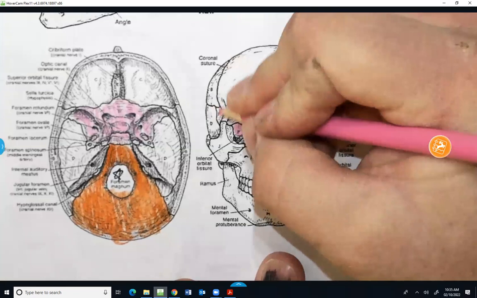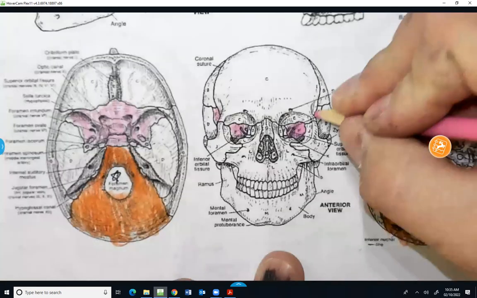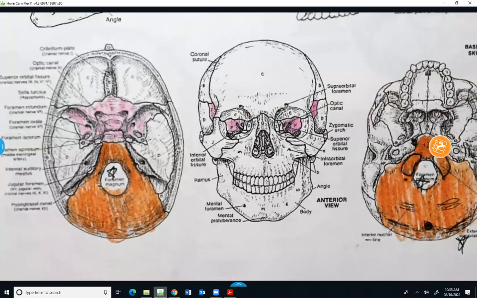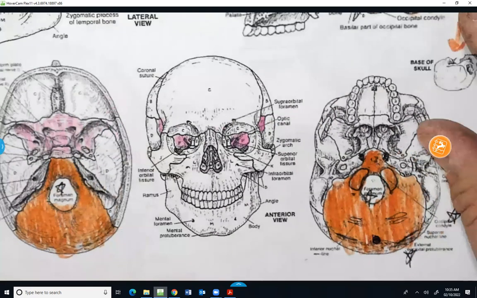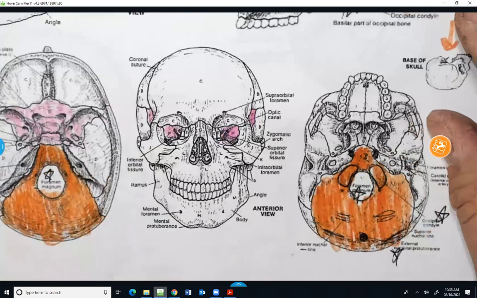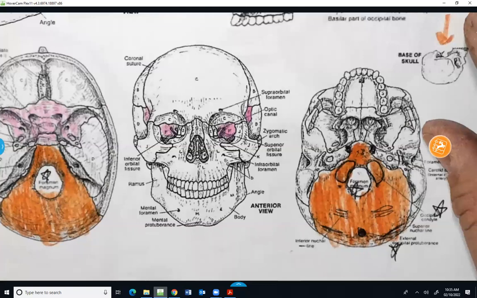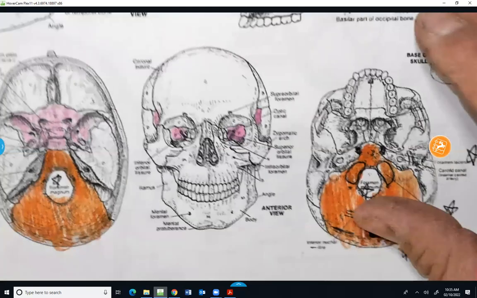And then we can see a little bit of it from the lateral walls here in our anterior view. And then it actually is visible here. But I'm not even going to worry about coloring it. It's just kind of hard to illustrate it there. So I'll just worry about these other pictures.